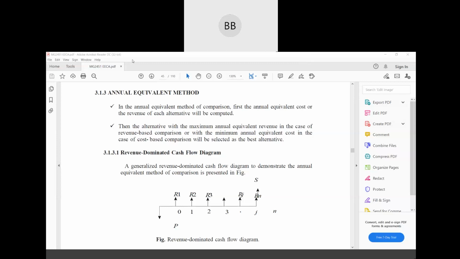Let me share once again. It is showing overlapping. Yes, ma'am. It's clear. Okay, let me share once again. It is showing overlapping on the screen. Okay, ma'am.